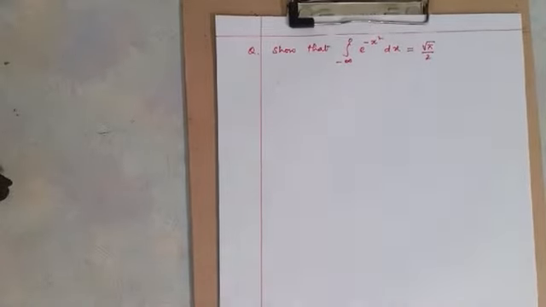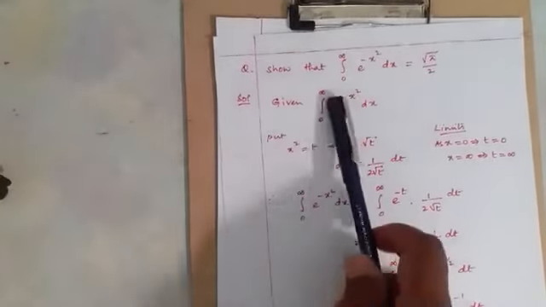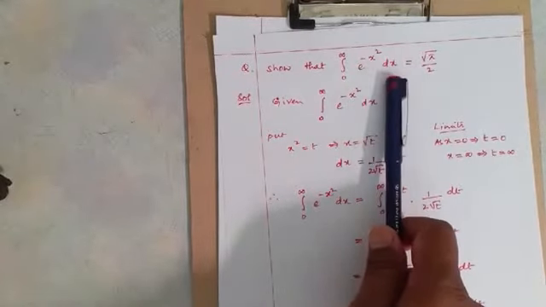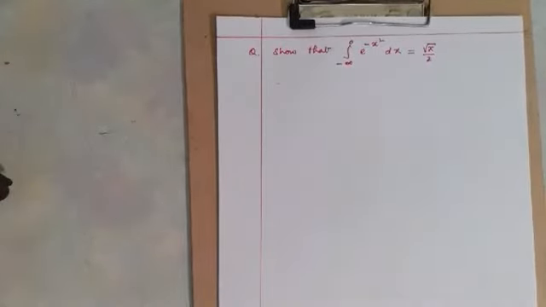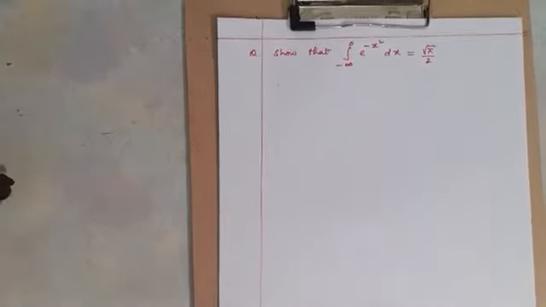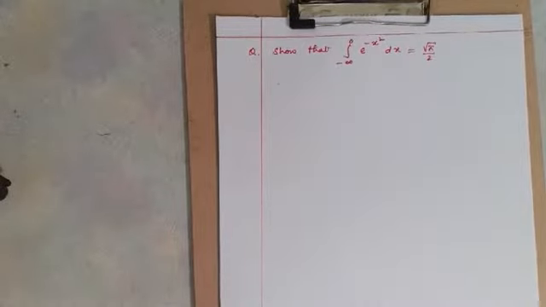In the previous problem it was the integral from 0 to infinity of e power minus x square dx. Now in this problem it is given the integral from minus infinity to 0 of e power minus x square dx is equal to root pi by 2.